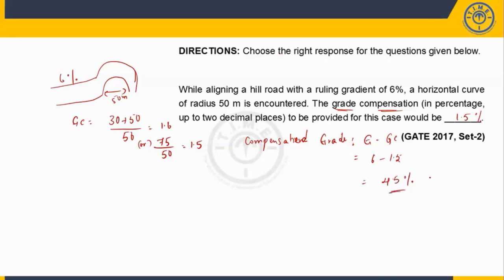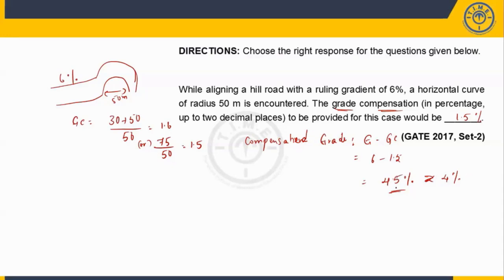So we need to check whether the grade we get is greater than 4%. If it is less than 4%, for suppose if you are getting a value of 3.8 or any value less than 4, you need to take it as 4%.